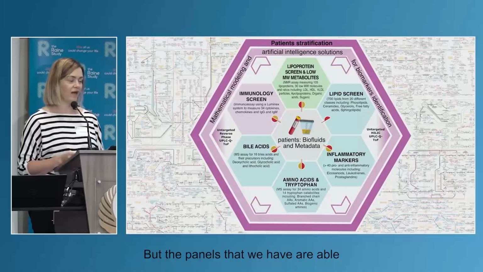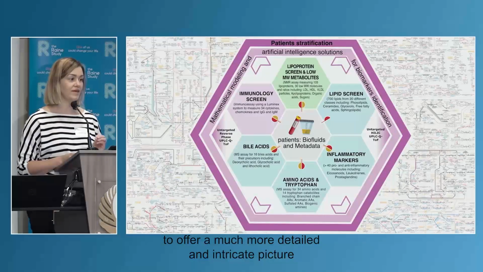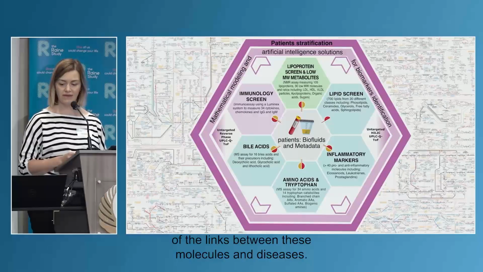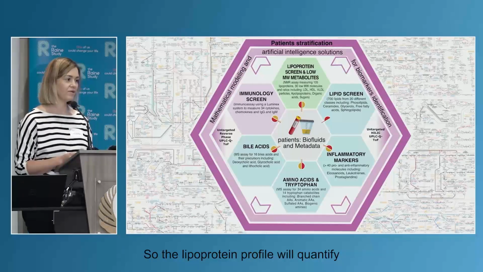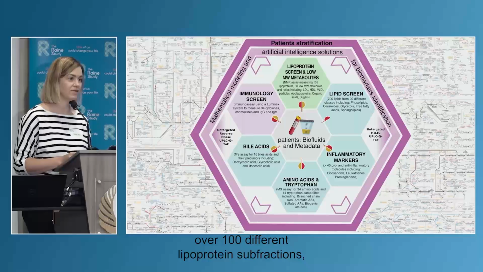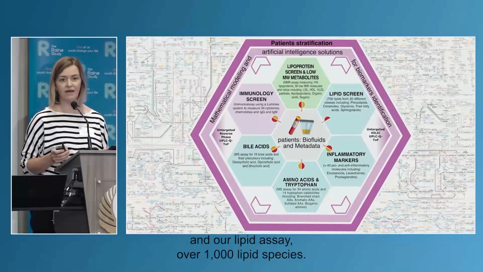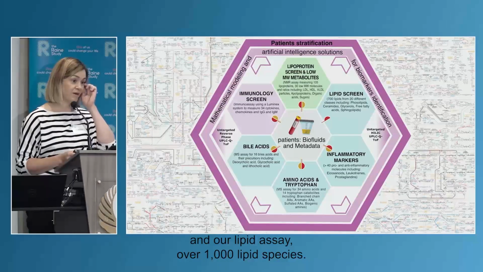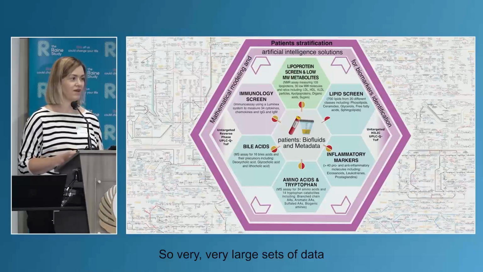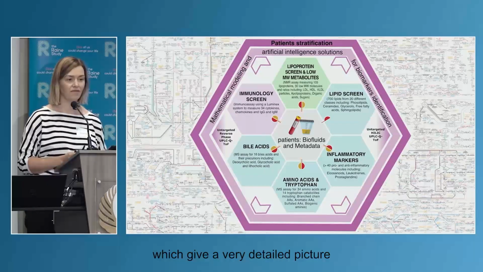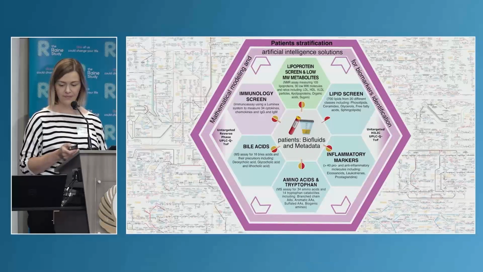But the panels that we have are able to offer a much more detailed and intricate picture of the links between these molecules and diseases. So the lipoprotein profile will quantify over 100 different lipoprotein subfractions, and our lipid assay over 1,000 lipid species. So very, very large sets of data which give a very detailed picture of the metabolic pathways involved.